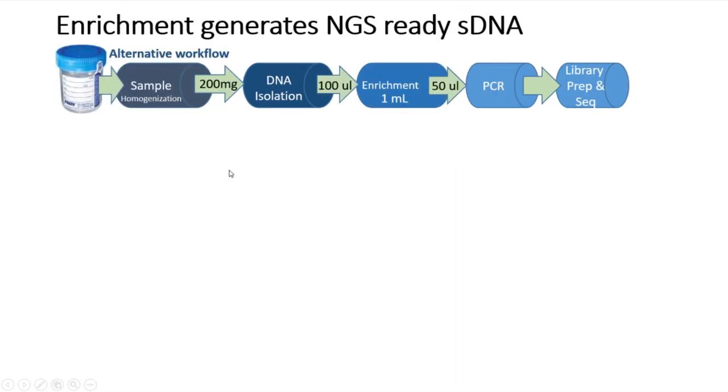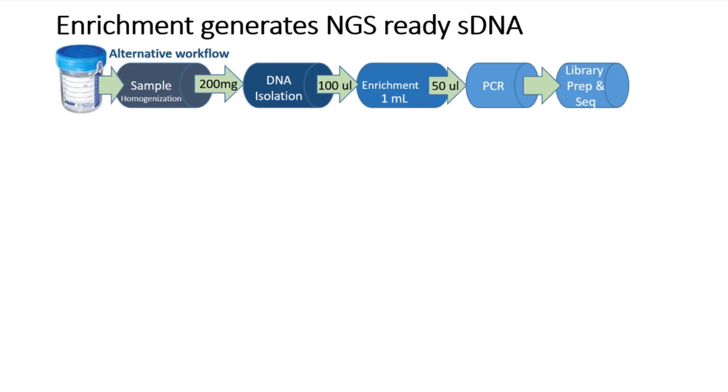So we envision a slightly alternative workflow to what I suggested before. We might collect a couple grams of sample to homogenize, but well under that, maybe a couple 100 milligrams, will go into DNA isolation. We'll take 100 microliters of isolated DNA and dilute it to 1 mL in an enrichment.